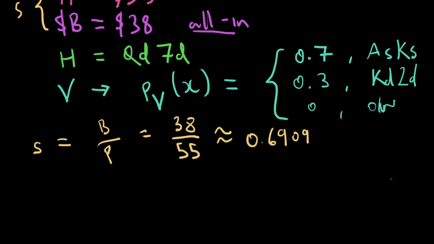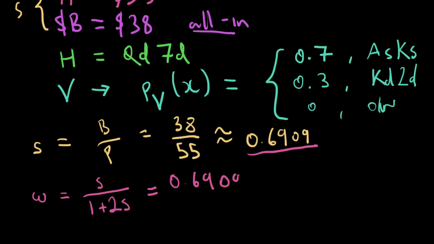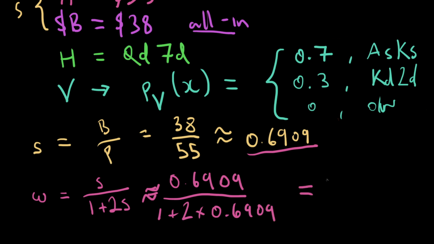Now, from the relative bet size, we can calculate our pot odds. Omega, remember, is equal to S over 1 plus 2S. So here we plug in 0.6909, and it's approximately equal to 0.6909 over 1 plus 2 times 0.6909, which is approximately 0.2901.